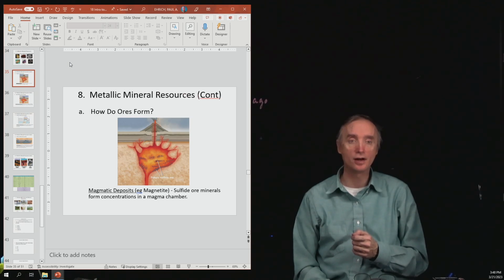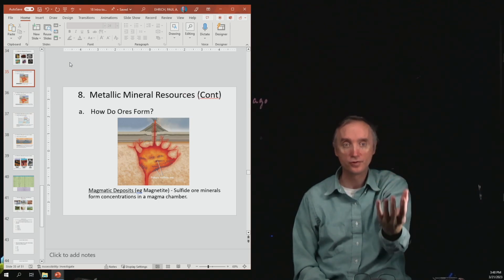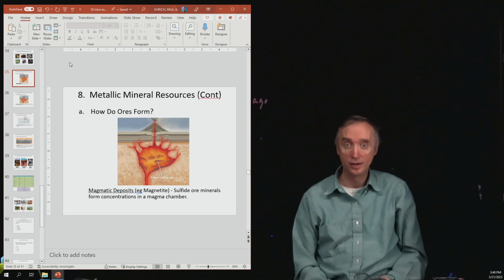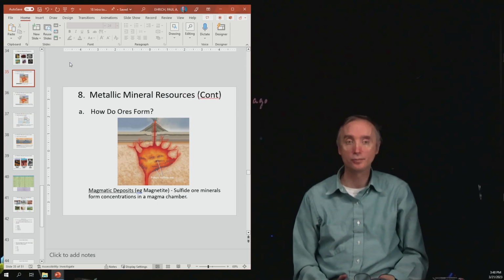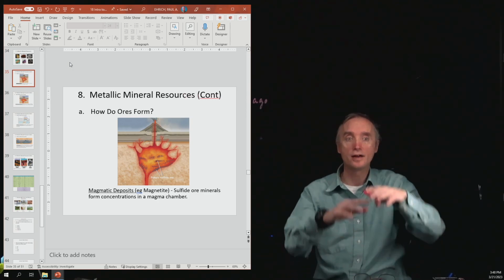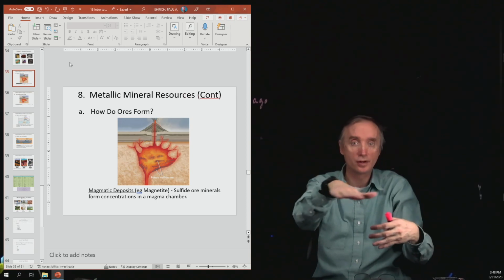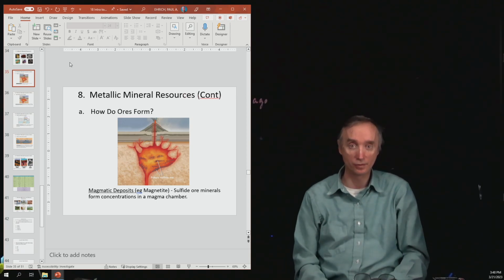And as they crystallize, they're going to begin to fall down in the magma chamber because they're now heavier. So they're going to pile up at the bottom of the magma chamber. Then, as the magma chamber completely cools off, now you've got this igneous pluton, and then at the base of it, you're going to have these sulfide minerals, such as magnetite.